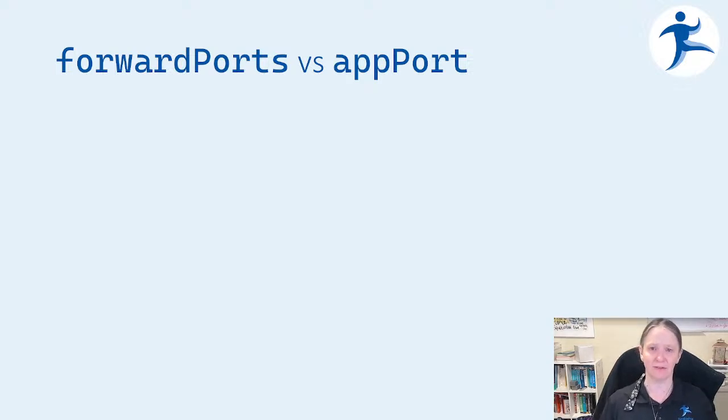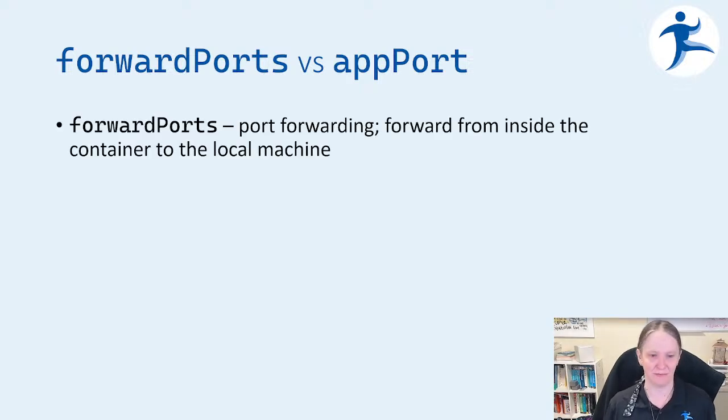Okay, so then there's forward ports and app port. If you're in the Docker space, these come into understanding when the ports get published and whether they're exposed within the containers or externally as well. Forward ports, this is port forwarding. This is you forwarding from the inside of the container to the local machine.